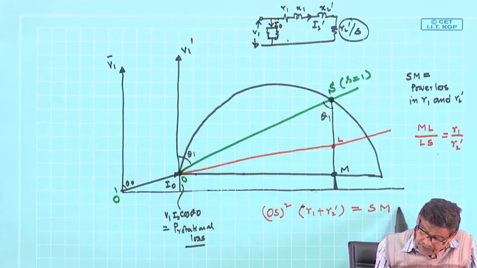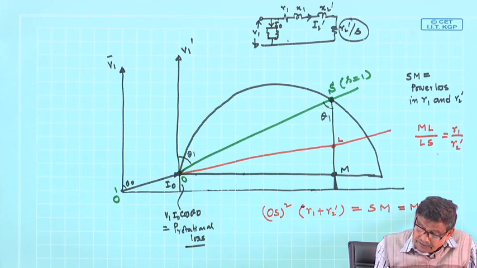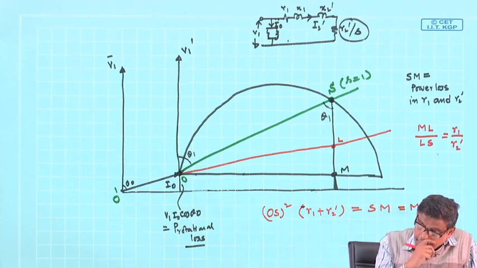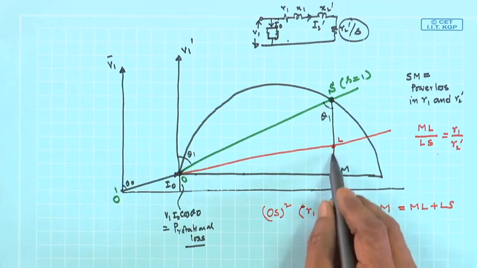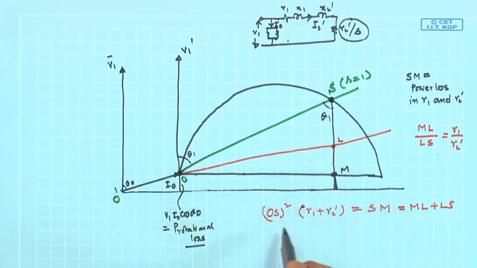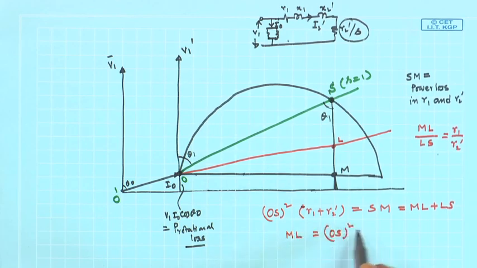Therefore, this is nothing but ML plus LS. Therefore, since ML is proportional to R1, ML must be equal to OS squared into R1 and LS is equal to OS square into R2 dashed.